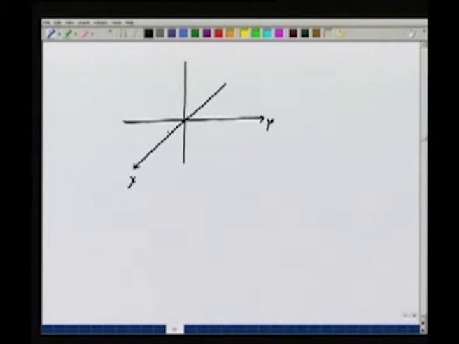Well, first we will try to have some idea about the body. We don't know the exact shape, but certain things I know certainly. So let us say this is the x-axis, this is the y-axis. This is the base, which has been told is a disk.